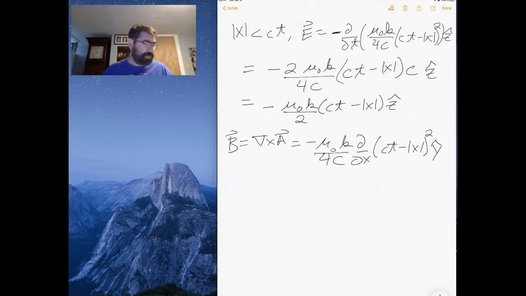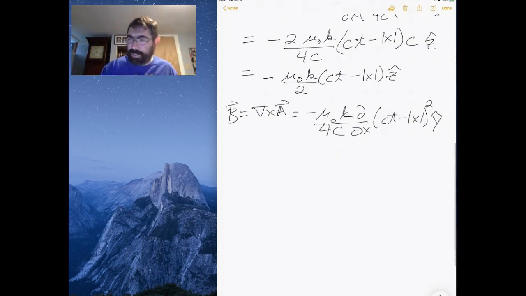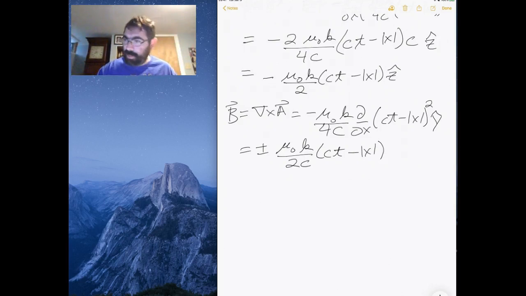Since it's an absolute value of x, I essentially get plus or minus mu 0 k over 2c, ct minus the absolute value of x, in the y direction. You get plus when x is greater than 0 and minus when x is less than 0.